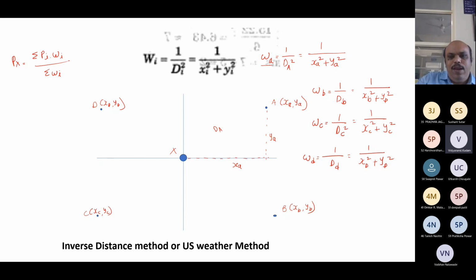I hope it is clear to you how to calculate Wi. So all of you again note down this, how to get the weightages for each index station. Draw the sketch and note down Wa, Wb, Wc, Wd, and then write this final formula, maybe in this format.